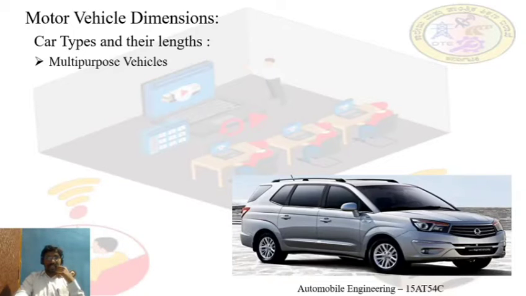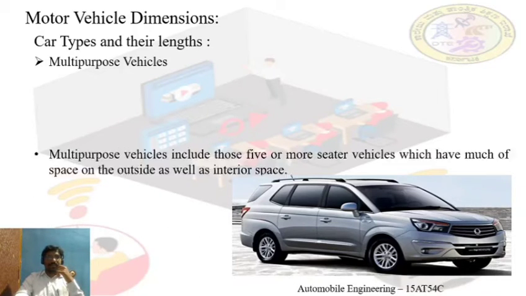So these cars are incorporated with more than 2 rows of seats, and there is ample space for the boot at the last row. To increase the boot space, the last row of seats can be folded, which gives you the maximum boot space. This car is well suited for touring, so that 6 to 7 people can be carried, along with more space for the goods.